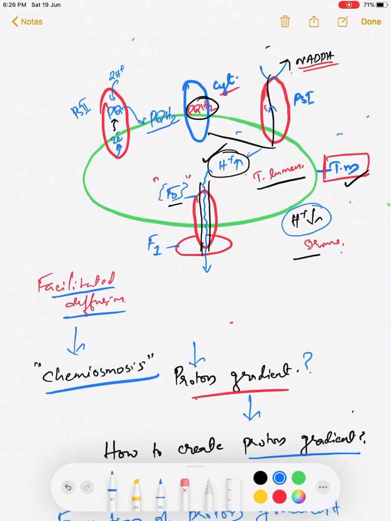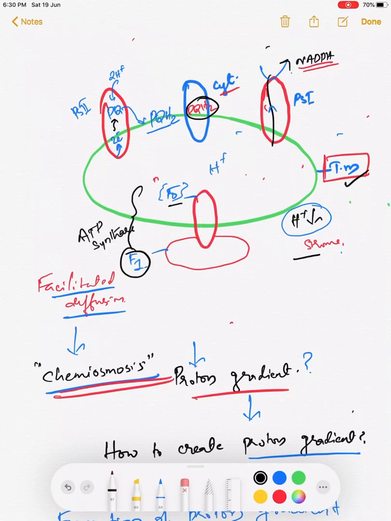Chemiosmosis is also a kind of osmosis. So H plus ions are moved from their higher to lower concentration using this FO particle. We can call this process also as chemiosmosis. As we have explained, H plus ions are moved through the transmembrane channel present within the FO particle.